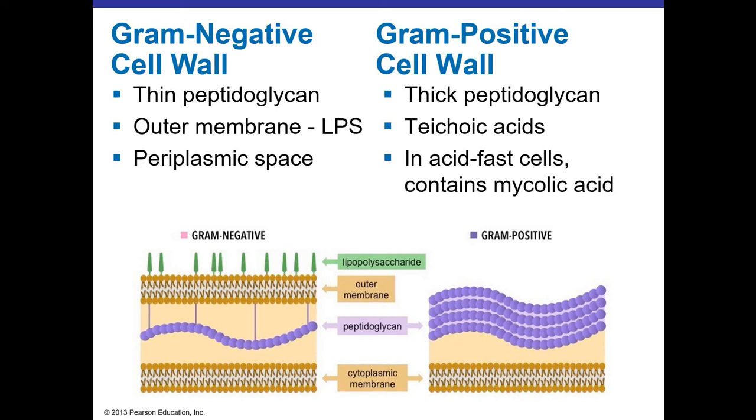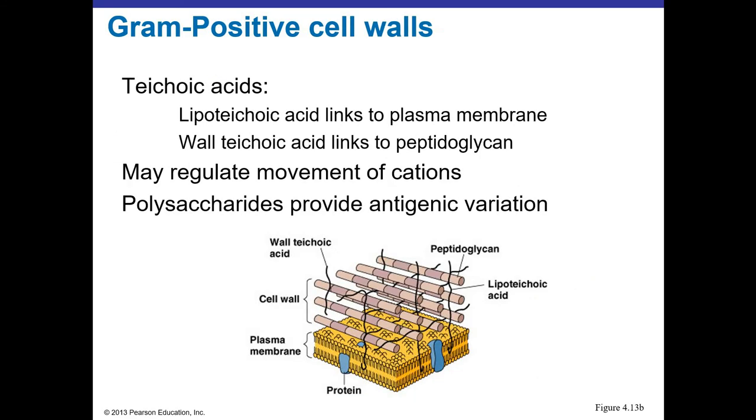That's because it has layer upon layer of that peptidoglycan. It also has teichoic acid running throughout to give it more stability. And we'll talk later about some unique gram-positives. In acid-fast cells, which are a subset of gram-positives, they actually have a waxy component referred to as mycolic acid. We'll now take a look at what this actually means for the cell.